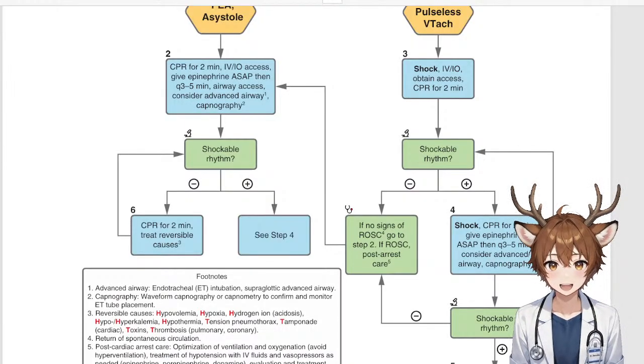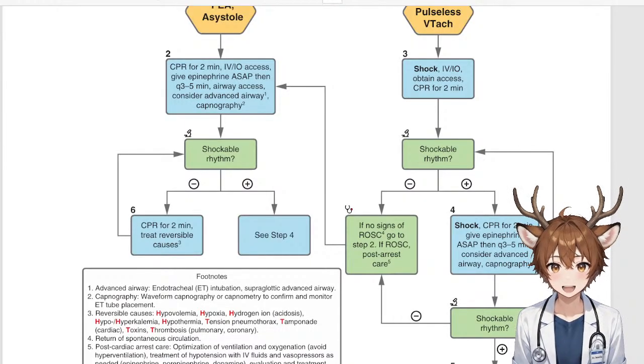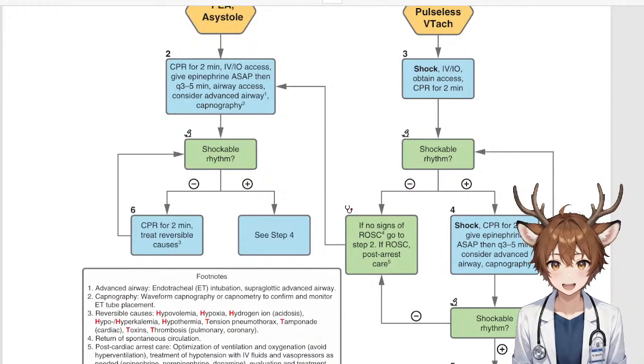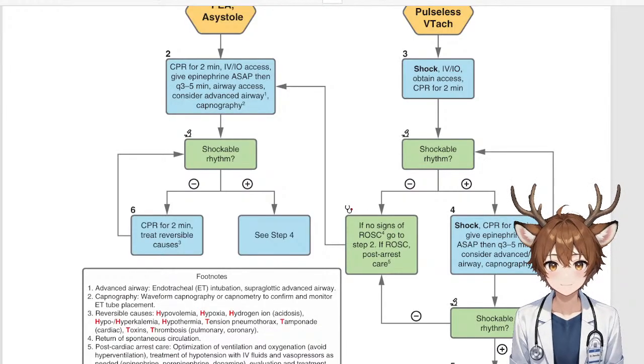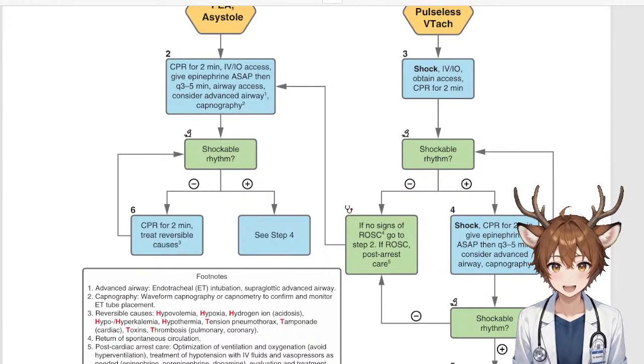And then capnography: waveform capnography or capnometry, to confirm and monitor the ET tube placement.